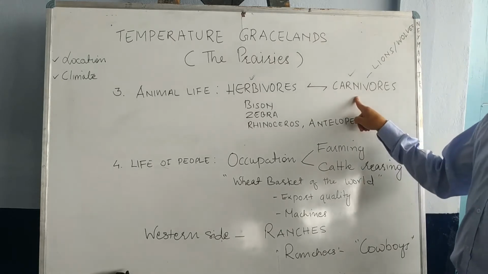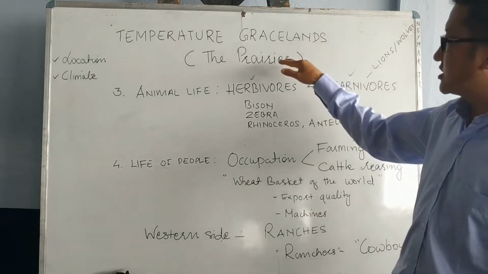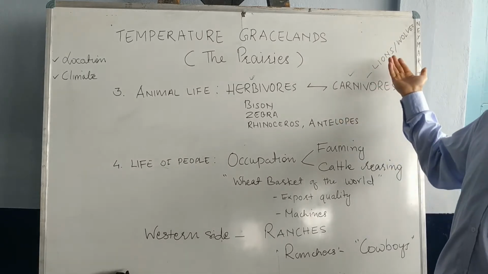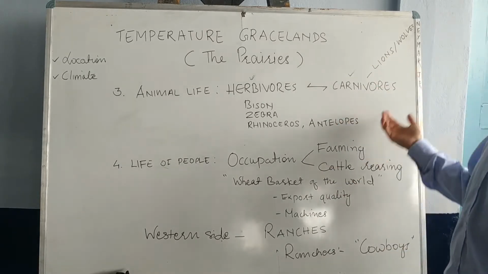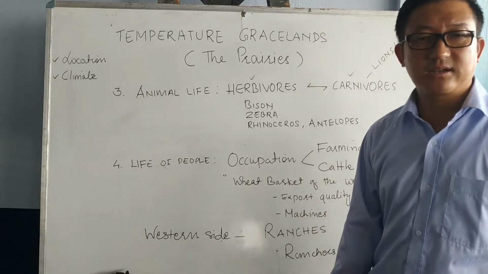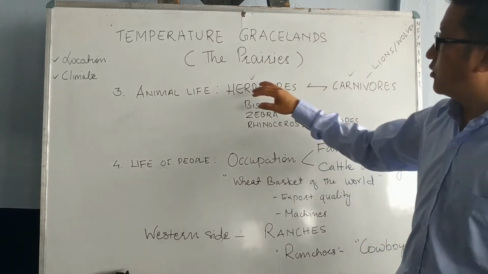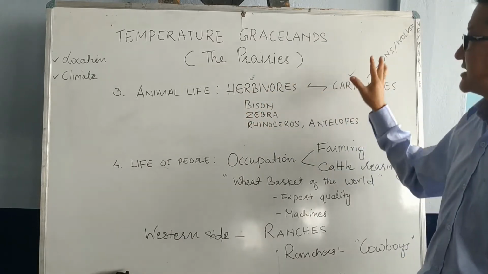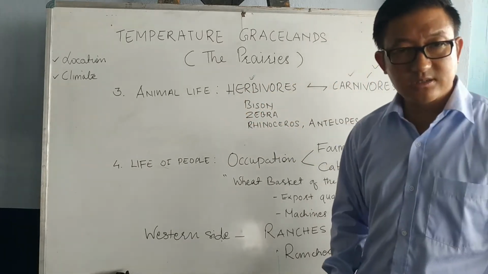Another kind of animal that we get in this region is carnivorous. Carnivorous animals are lions, they eat flesh, and even wolves you get in this region. So both kinds of animals you get here.